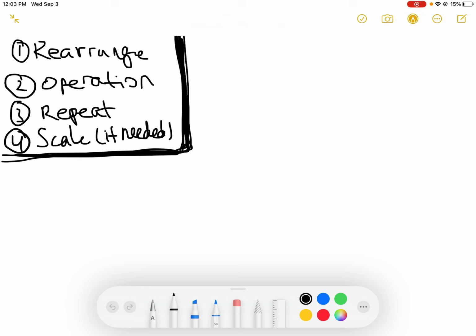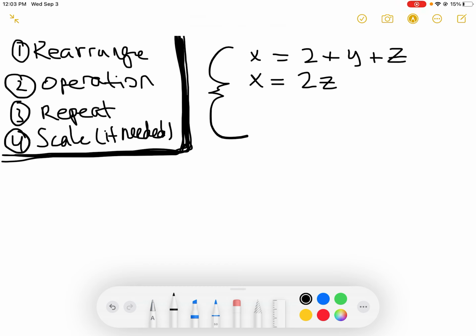So rearrange, what does that mean? I'll just draw an example because that's going to make more sense. So here are the 3 equations.